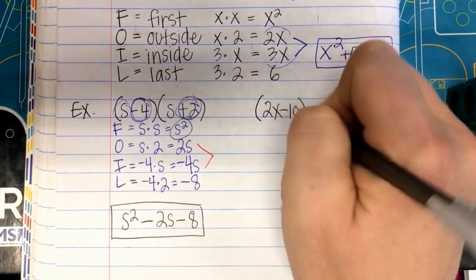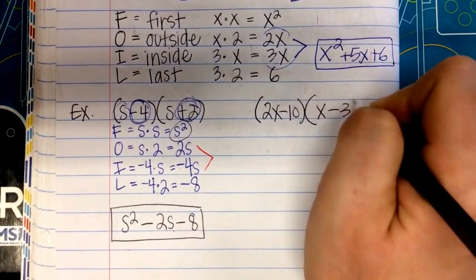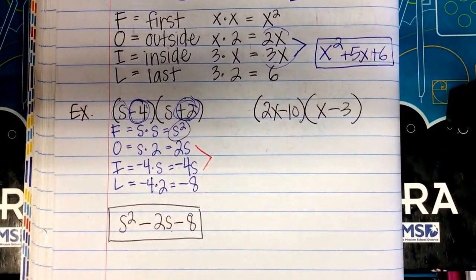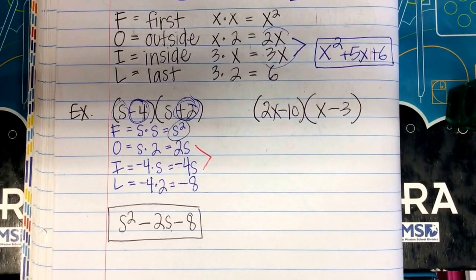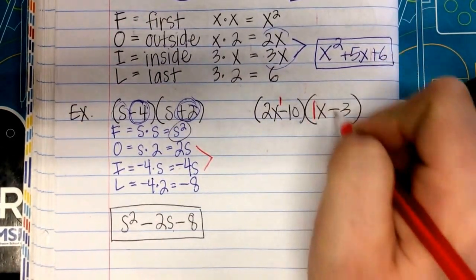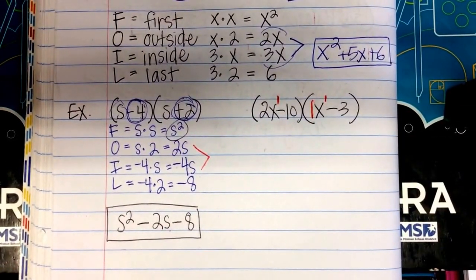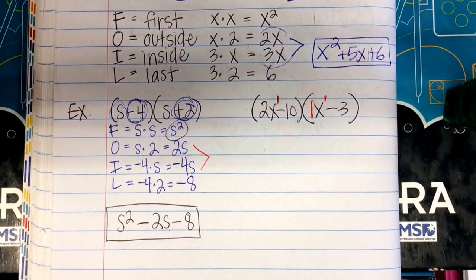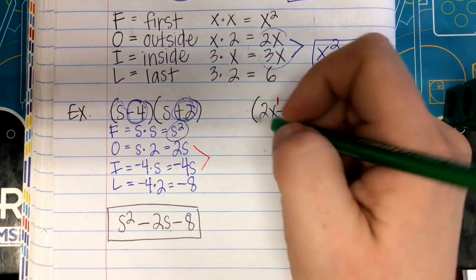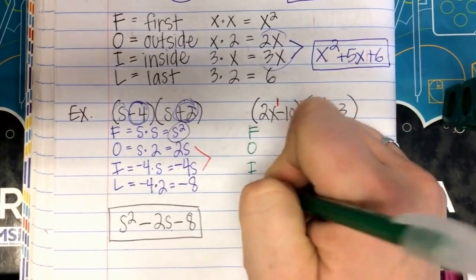2x minus 10 times x minus 3. If you still want to go through and put in your hiding, your invisible ones, that's fine. You don't have to, but you can. First, outside, inside, last. FOIL.